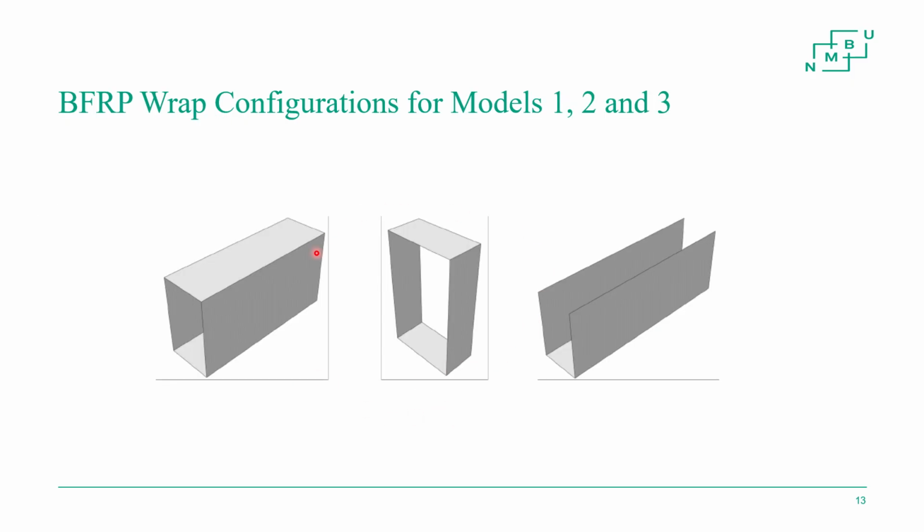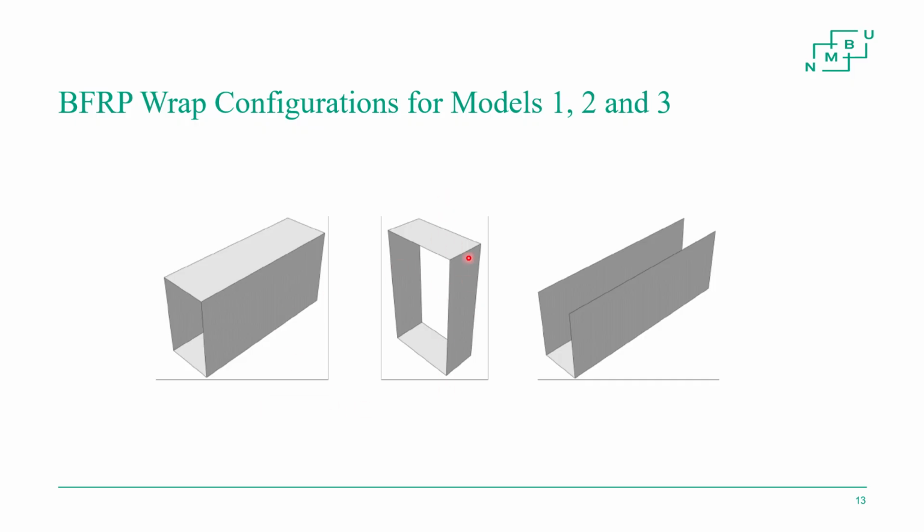This is now a slide with the three different BFRP wrap configurations. For the first model, we have full BFRP wrap, and you can see that the wrap extends all over the perimeter of the cross-section of the beam.